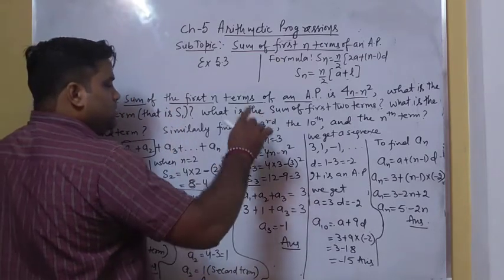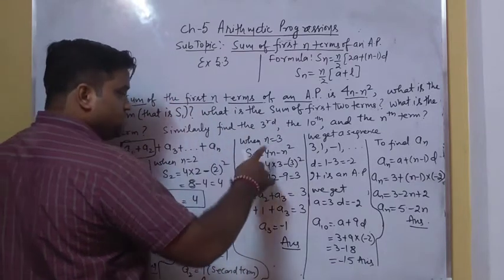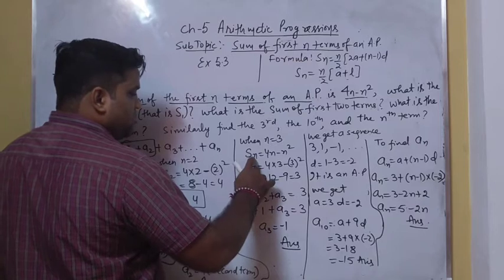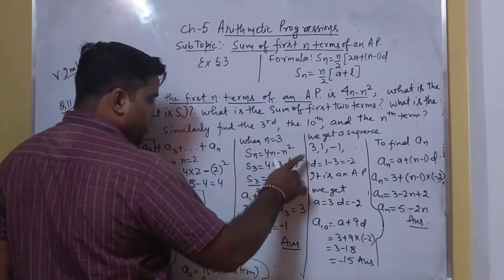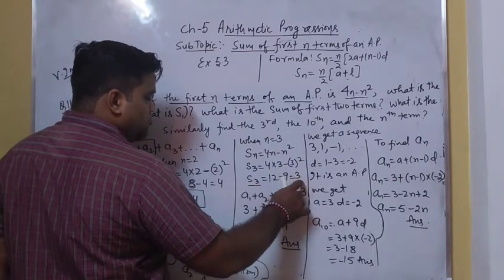Again try to get the third term and the sum of first three terms. Here our given sum of first n terms is S equal to 4n minus n square. On putting the value of n equal to 3, we get the sum of three terms is equal to 3.